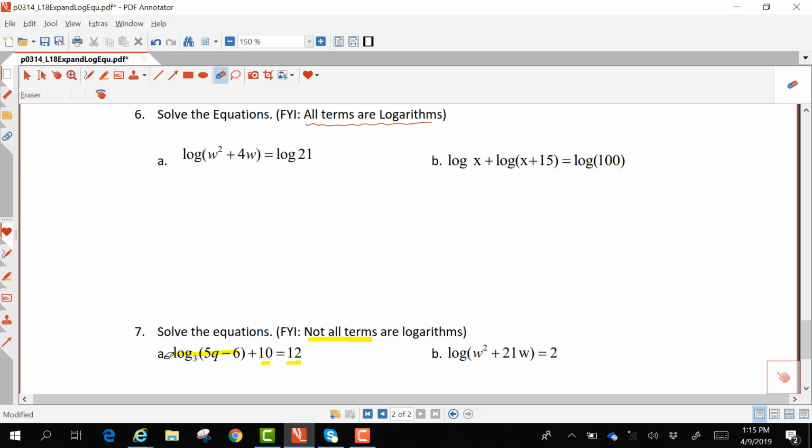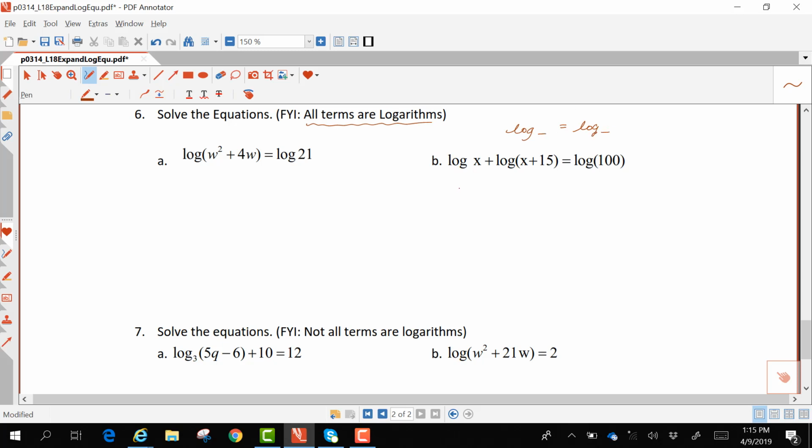So let's solve and learn the process for solving a logarithmic equation in which all terms are logarithms. When all terms are logarithms, you want to make this so you have a log equaling another log, whatever the argument is.